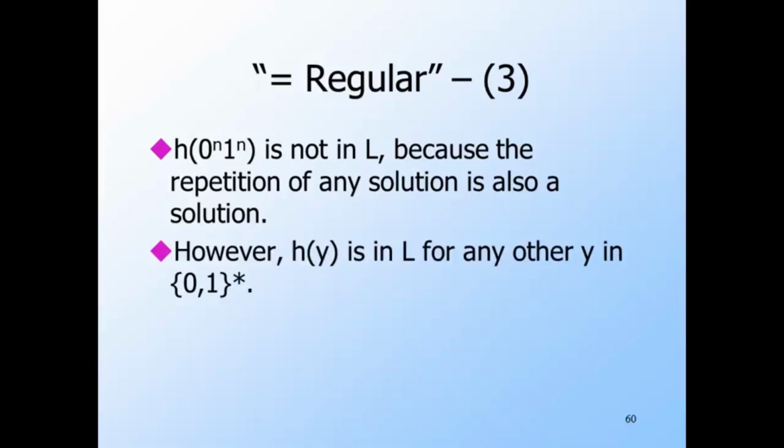However, H of y is in L for any other y. That is, H of y is not a solution. This point requires a little thought. First, if y isn't zeros followed by ones, then H of y isn't of the right form to be a solution to PCP. That is, it will not consist of PCP instance symbols followed by index symbols.